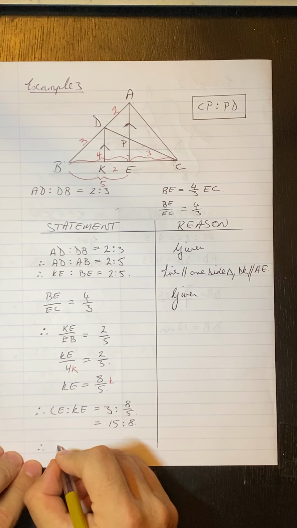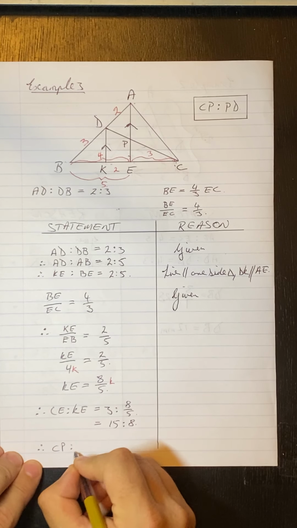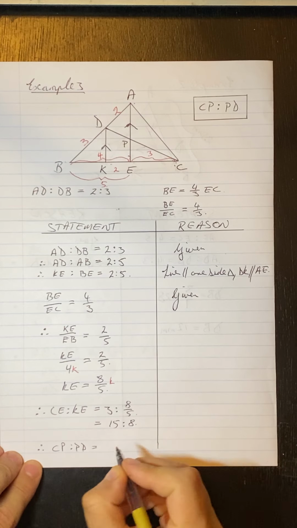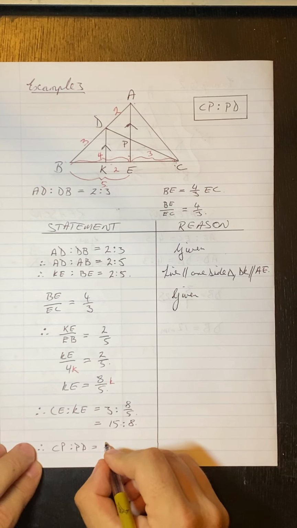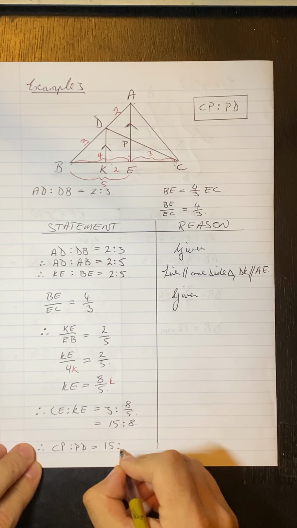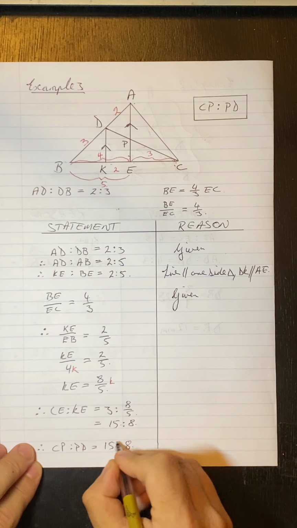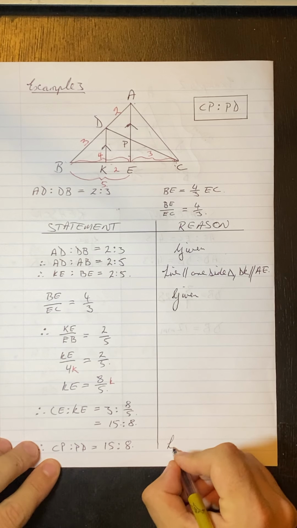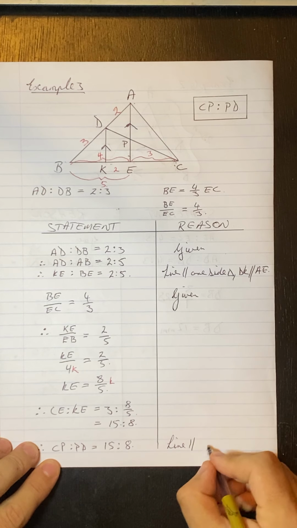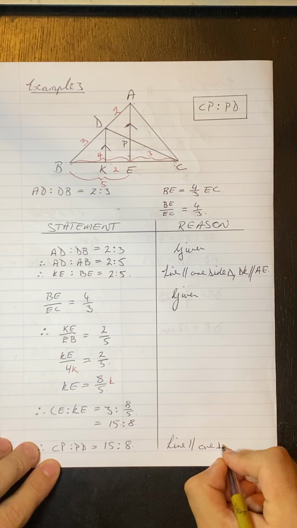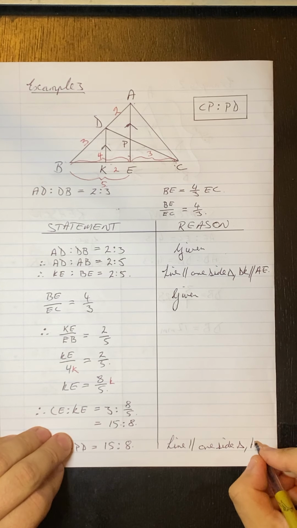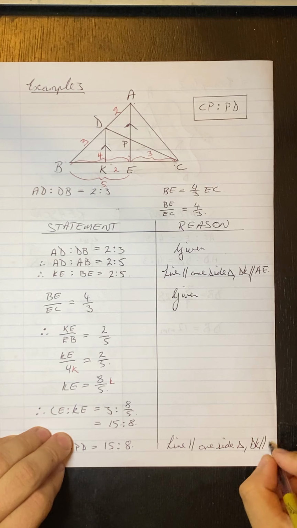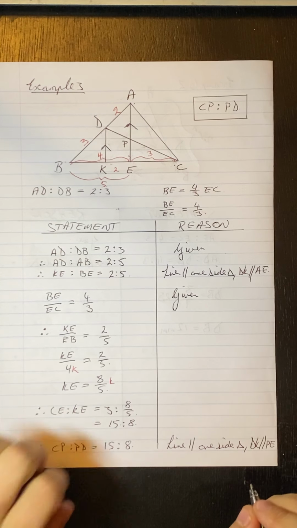So CP to PD will be equal to 15 to 8. And the reason why is line parallel one side triangle, and it was DK parallel PE.